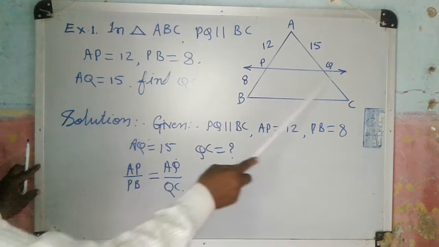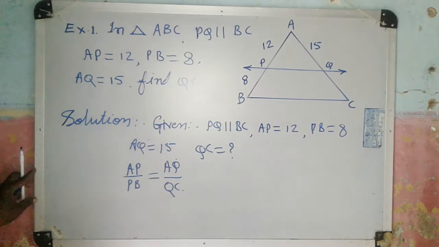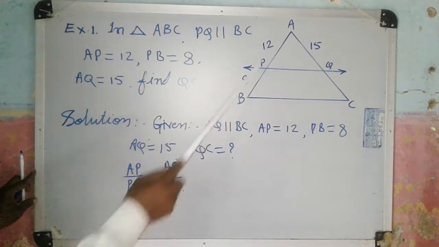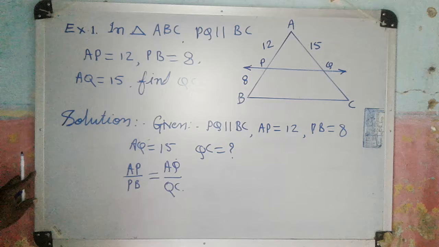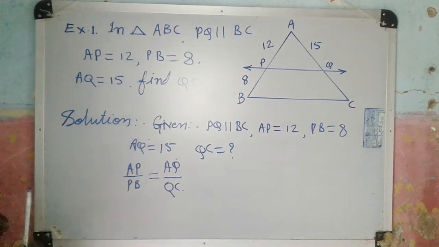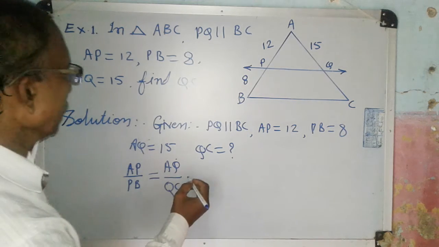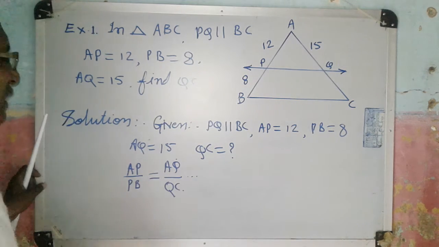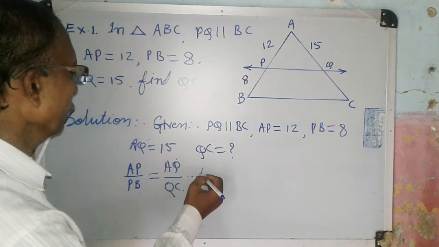Here PQ is parallel BC, so here remaining two sides, that means AB and AC, are divided in the same proportion. So the reason for this is basic proportionality theorem.